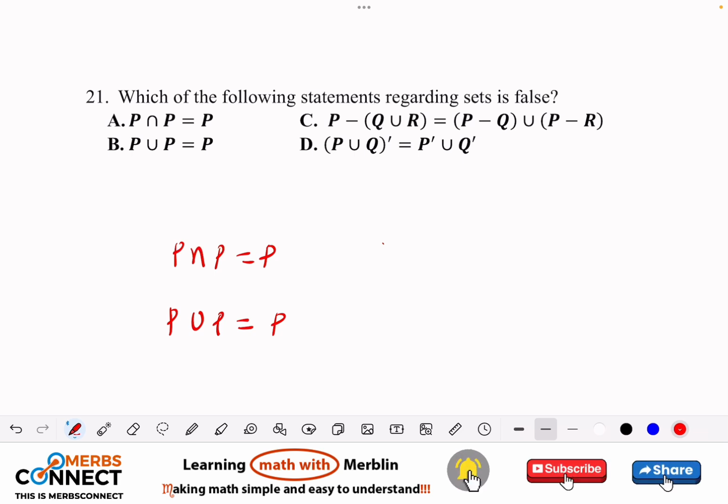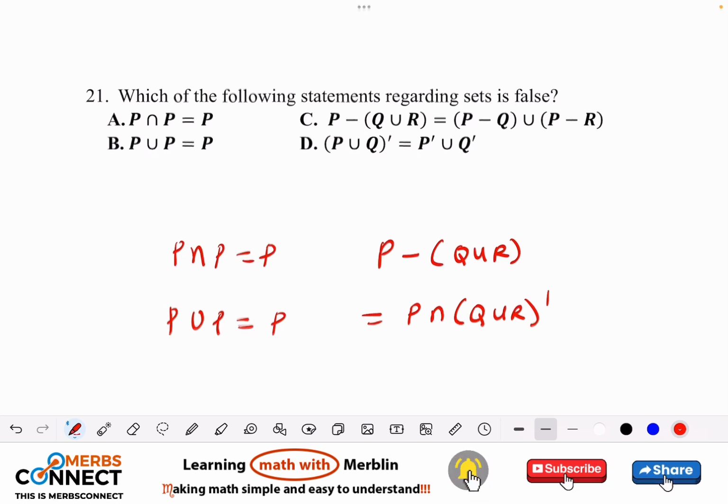Okay, let's see, let's talk about C first. So this, now remember how we said this, right? So we said that this can be written in different forms. So this one can be written as P intersect Q union R prime.